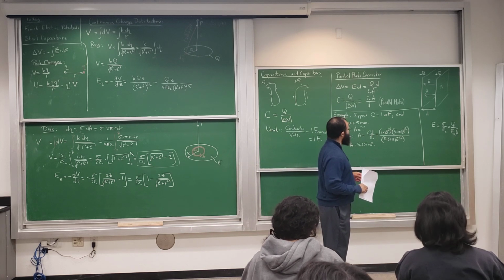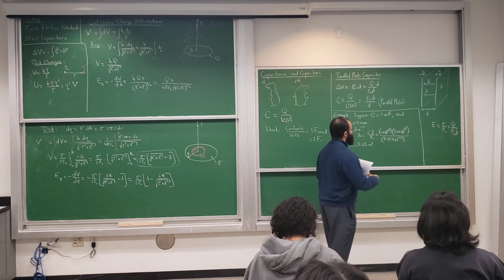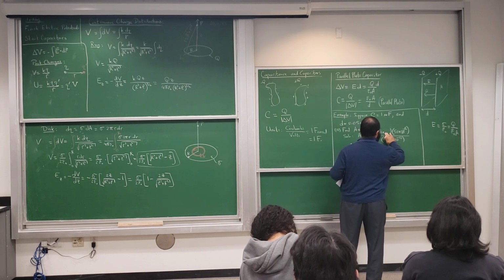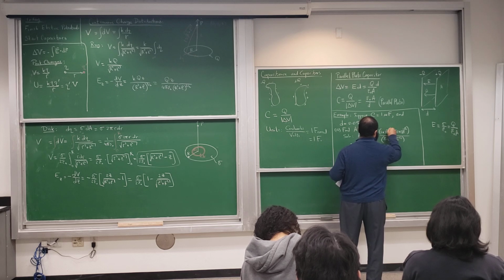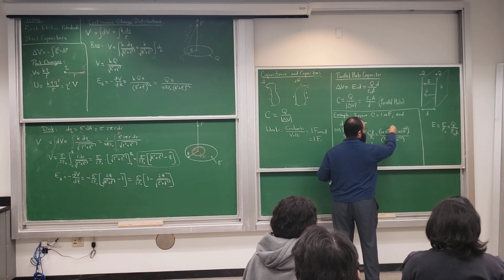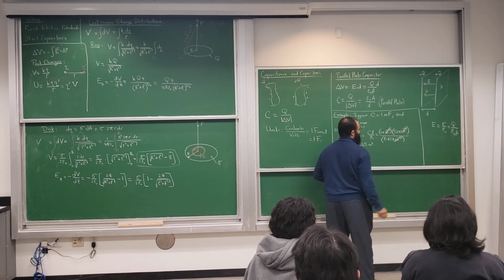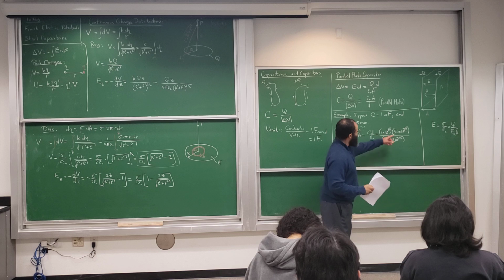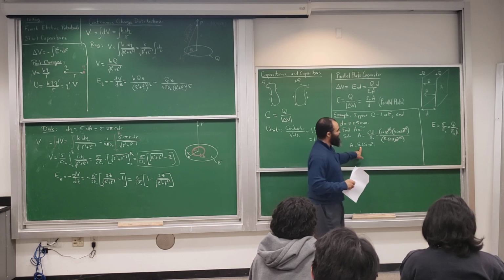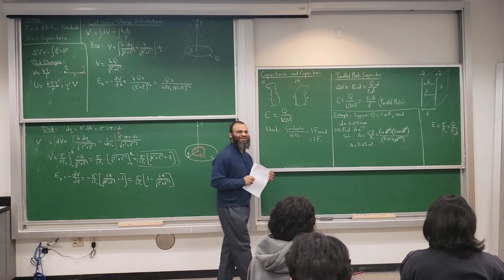Oh yeah, both are negative. Yeah, you're right, sorry. 10 to the minus 6. Even better, right? So this combination cancels that. So 50 over 8.85, which is 5.65. So even better, that's good.